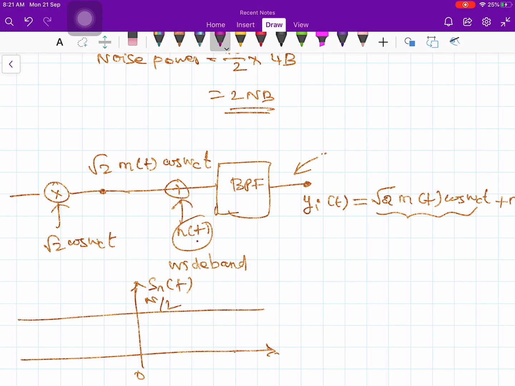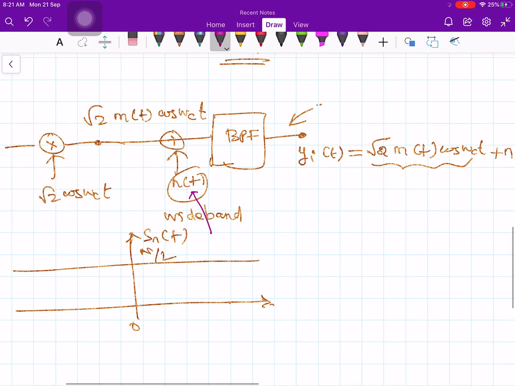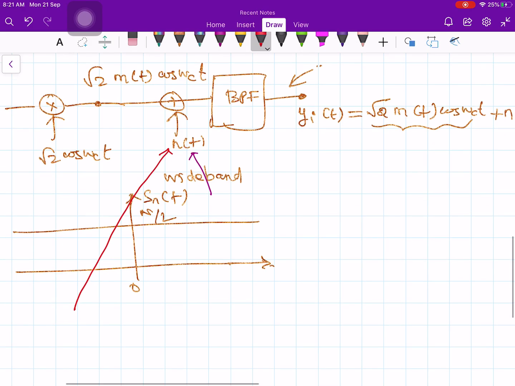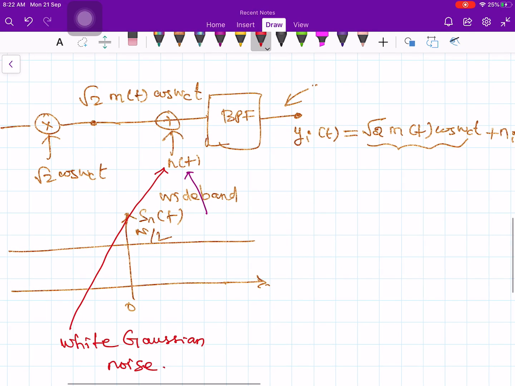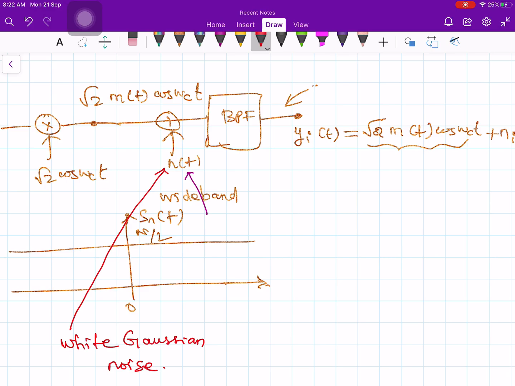This n of t is white Gaussian noise. But the moment you pass this white Gaussian noise through the band pass filter, then it becomes narrow band Gaussian noise.